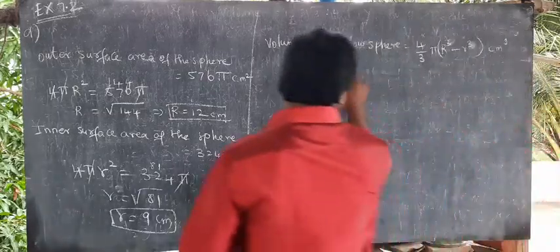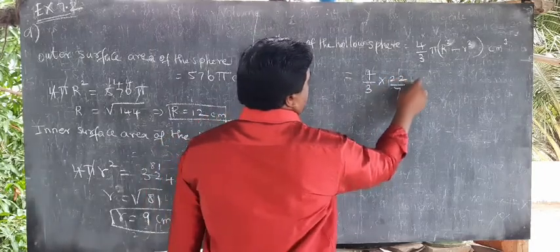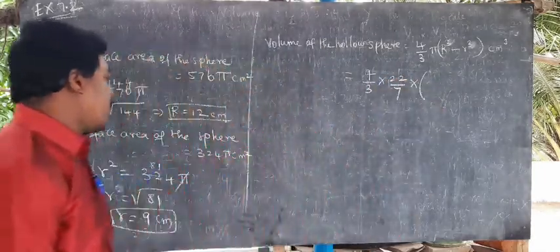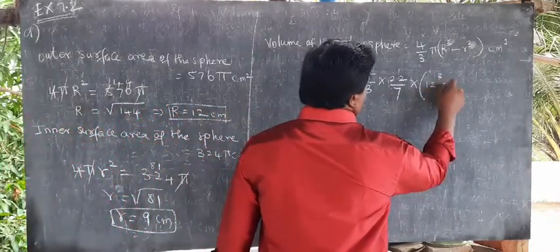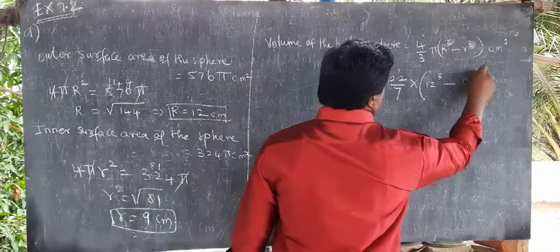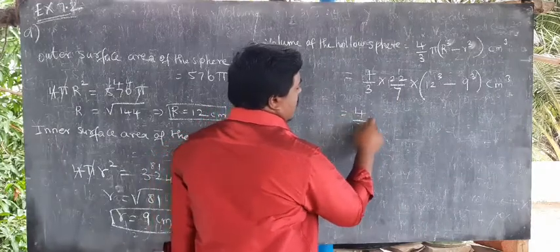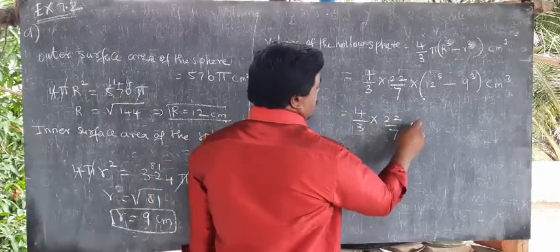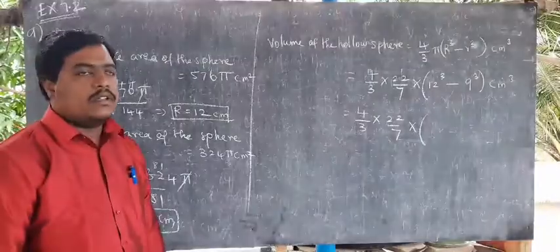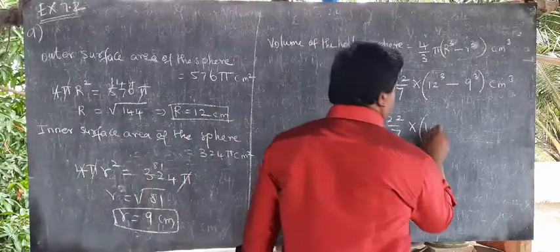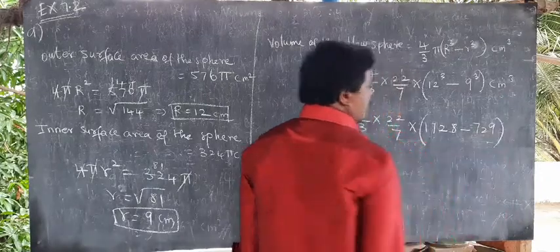This equals 4 by 3 into 22 by 7 into (12 cube minus 9 cube) centimeter cube. 12 cube is what? 12 cube equals 1728. 9 cube equals 729.